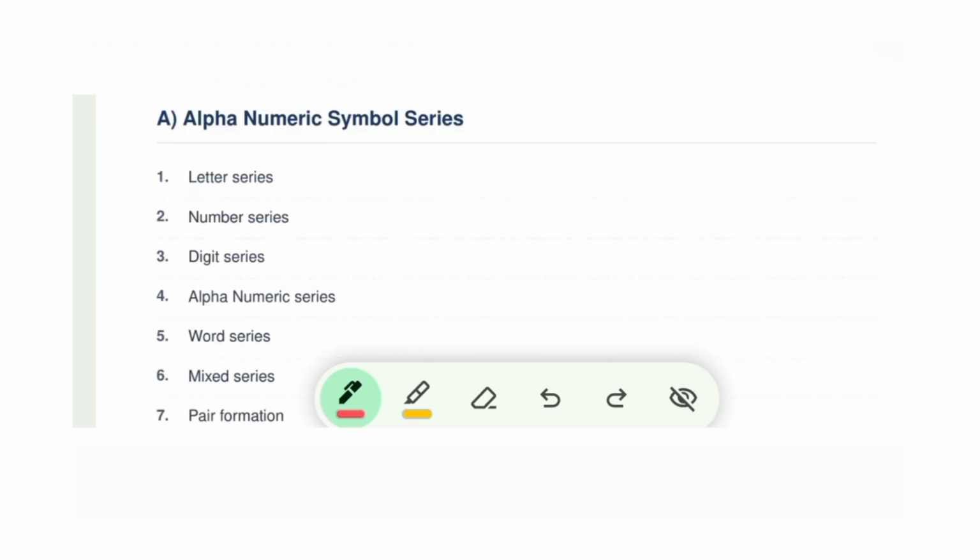Now the first topic is alphanumeric symbol series, and I have written all the subtypes here. First is letter series, in which only letters like L, S, T, R, U, whatever combination of 26 letters. Then number series, only numbers in a lengthy format, 1, 2, 3, 6, 9, 12, 6, 3, whatever.